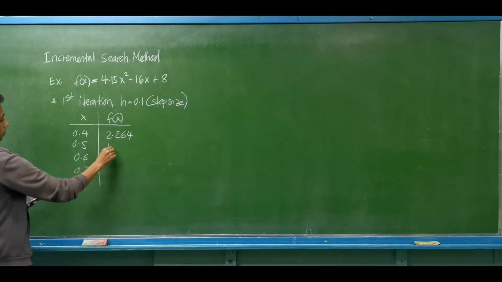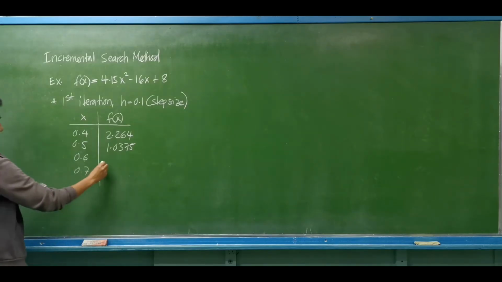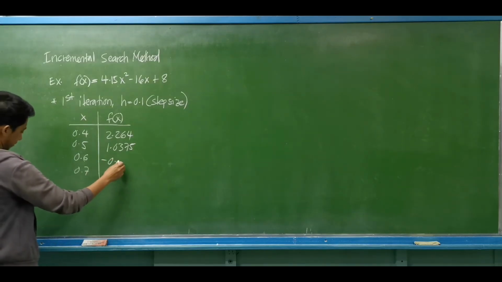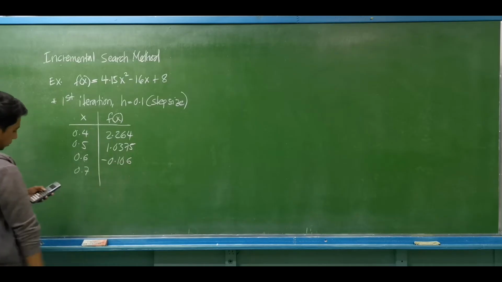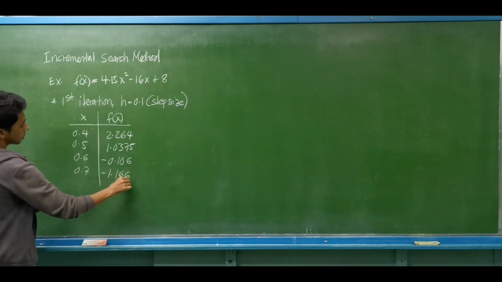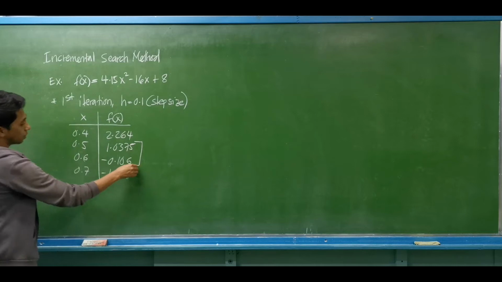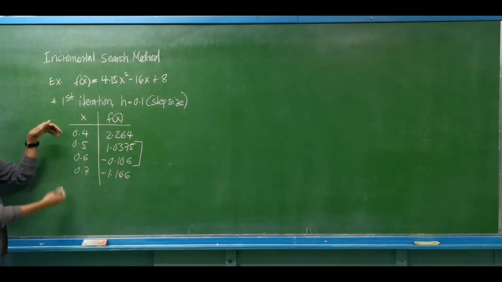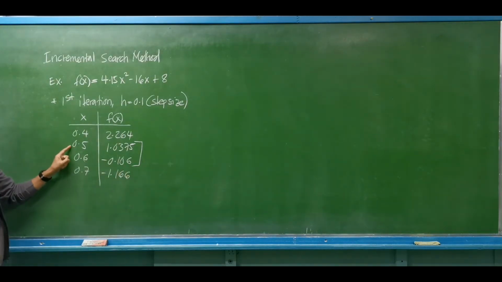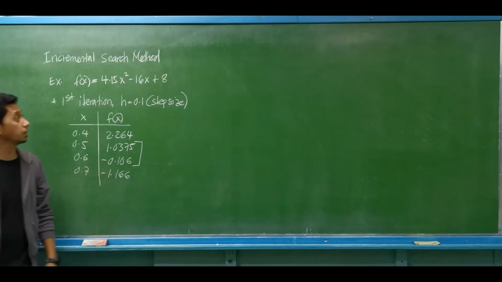At 0.5 it is 1.0375. At 0.6 it is negative 0.106. At 0.7 it is negative 1.166. We have the change in sign, so this will be our new interval. We cut the interval into a smaller one, this time from 0.5 to 0.6, that is from positive to negative.